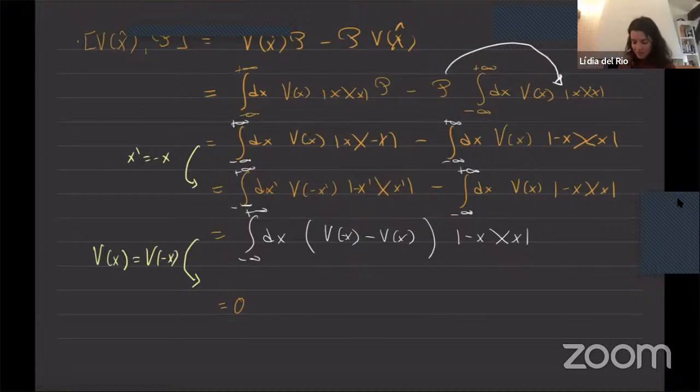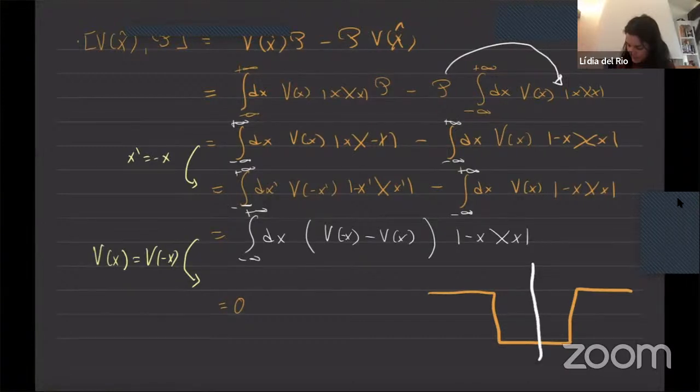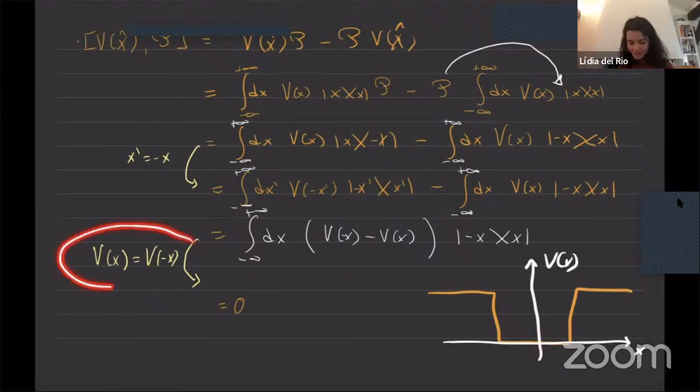And now, only now, we use the fact that we chose our coordinate axis very cleverly, such that our V of x was symmetric around the 0 point. So V of x is actually an even function.